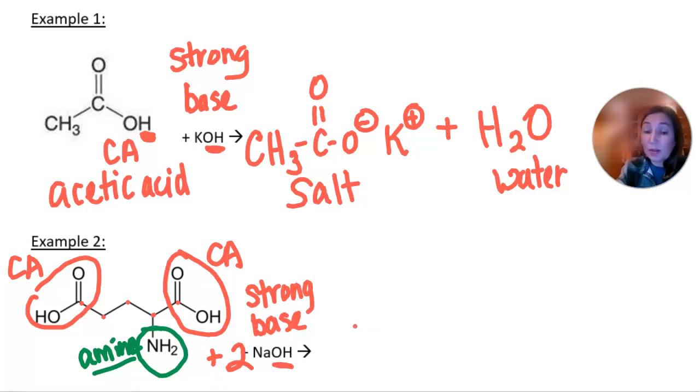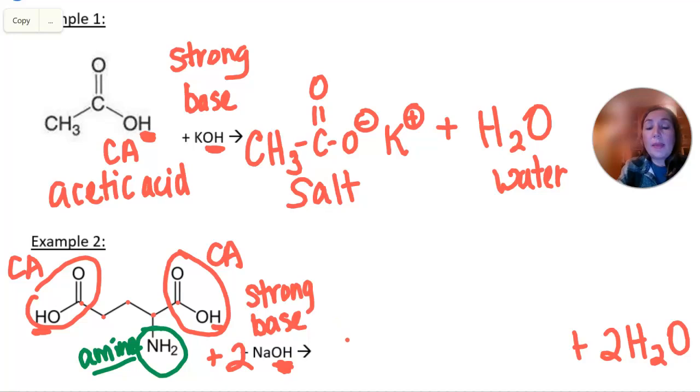On both sides of the molecule, we get the hydrogen of the acid together with an OH of our sodium hydroxide to make water molecules. In this case, it can make two water molecules. And then we'll end up with O minus on each side.